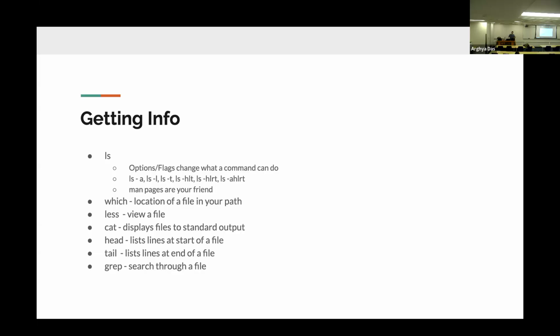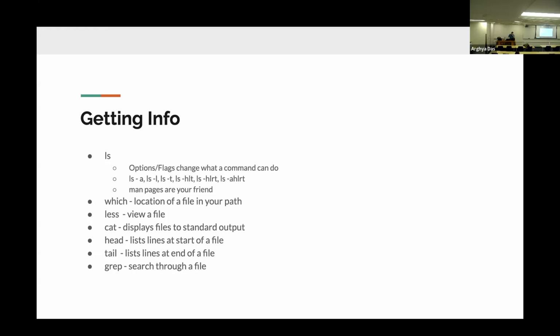Like ls -a, for example, will show all files. Linux has something called hidden files, where if you put a dot in front of a file name, it just won't show up by default. These are usually used for configuration files or configuration directories that you really don't want people to mess with unless they really know what they're doing.